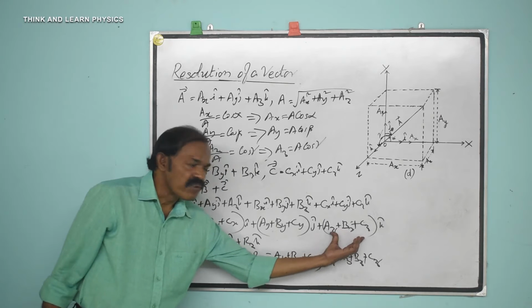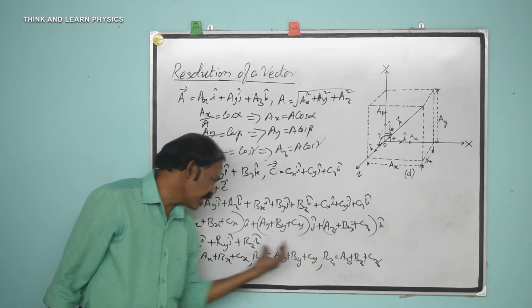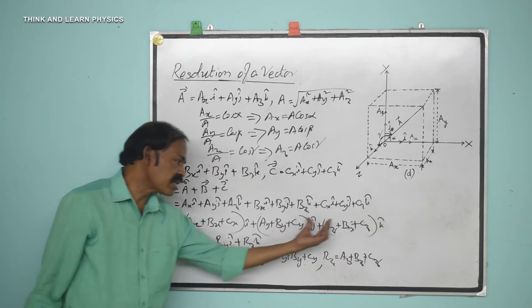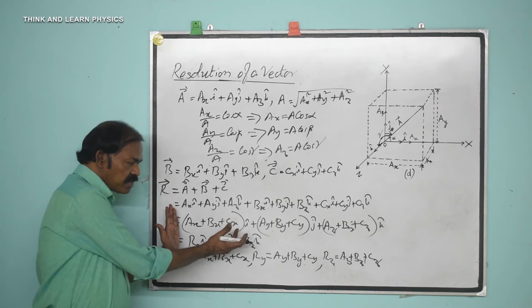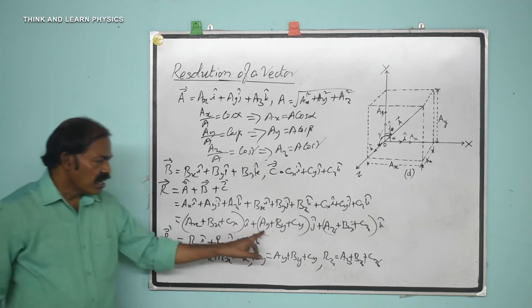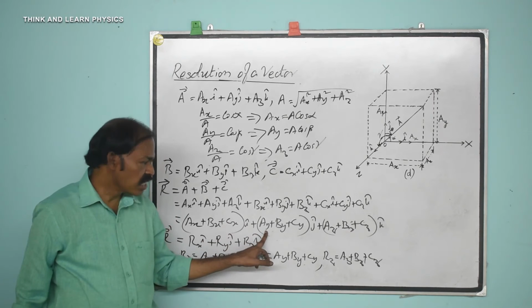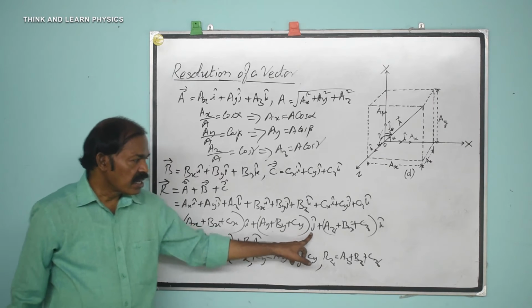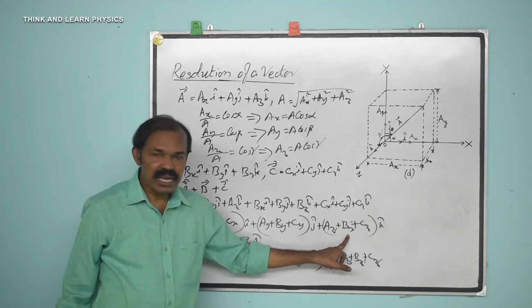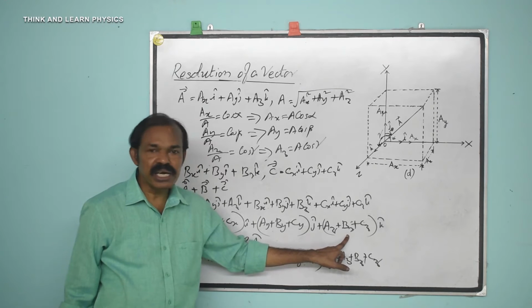These are the magnitudes of the x component, y component and z component. While the vector components are ax plus bx plus cx into i cap, similarly the y vector component is ay plus by plus cy into j cap, and the z vector component is az plus bz plus cz into k cap.